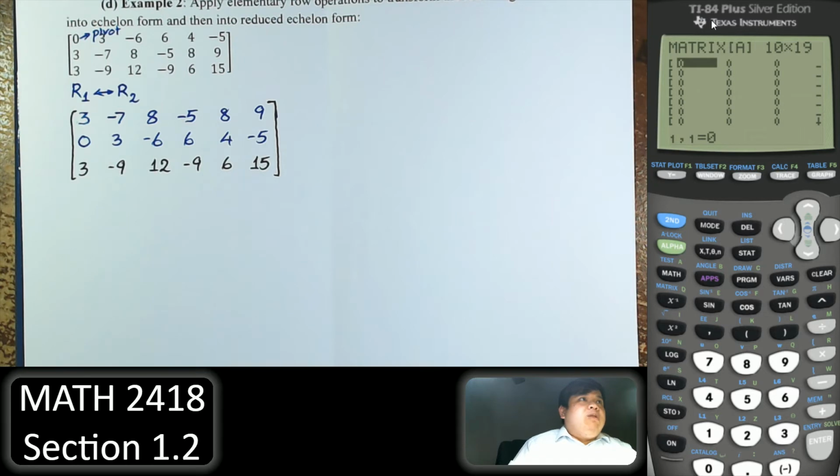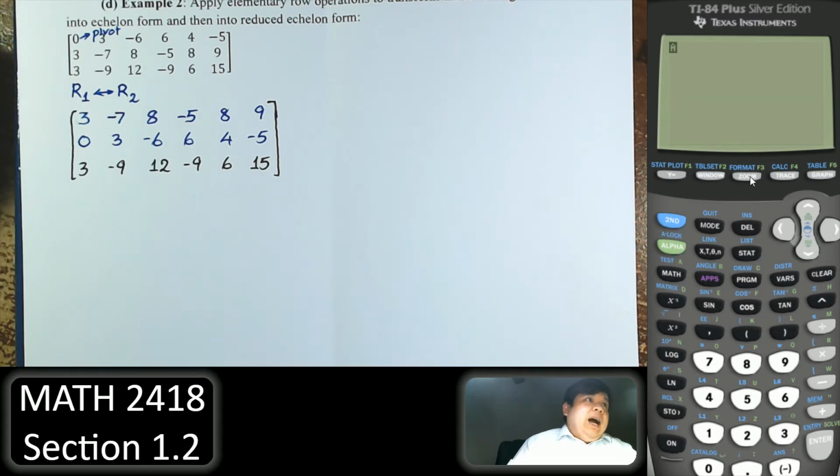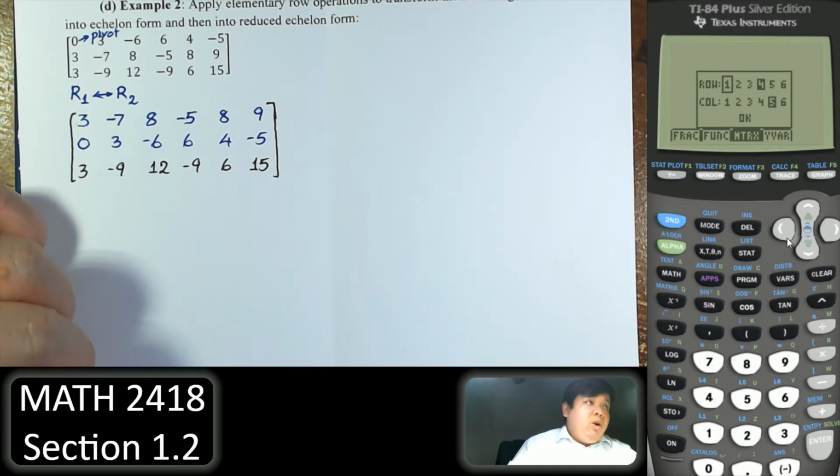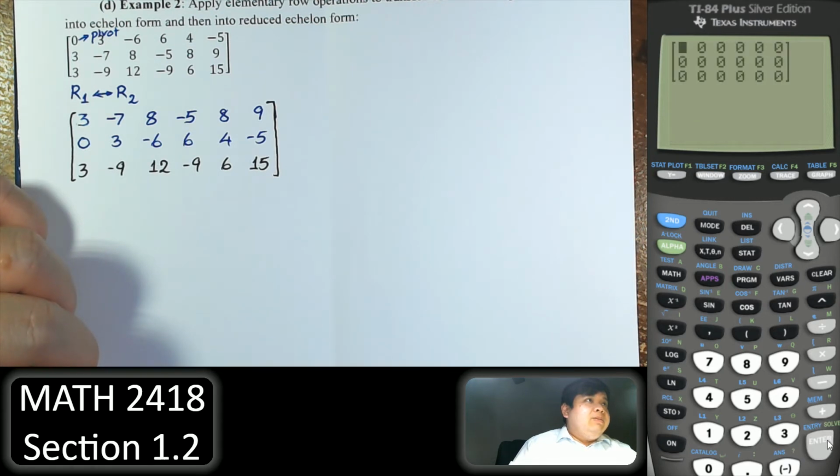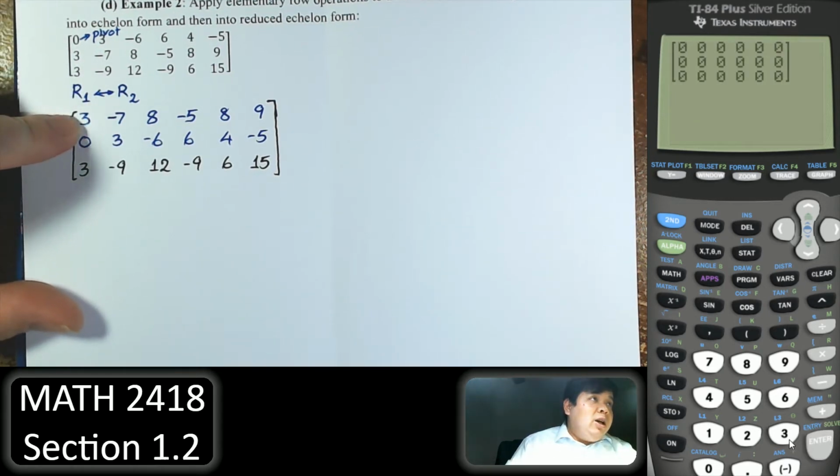You can have a very big matrix here if we want to. But on the Alpha Zoom, we can only go up to 6 on the home screen, which is fine. 3 rows, 6 columns.